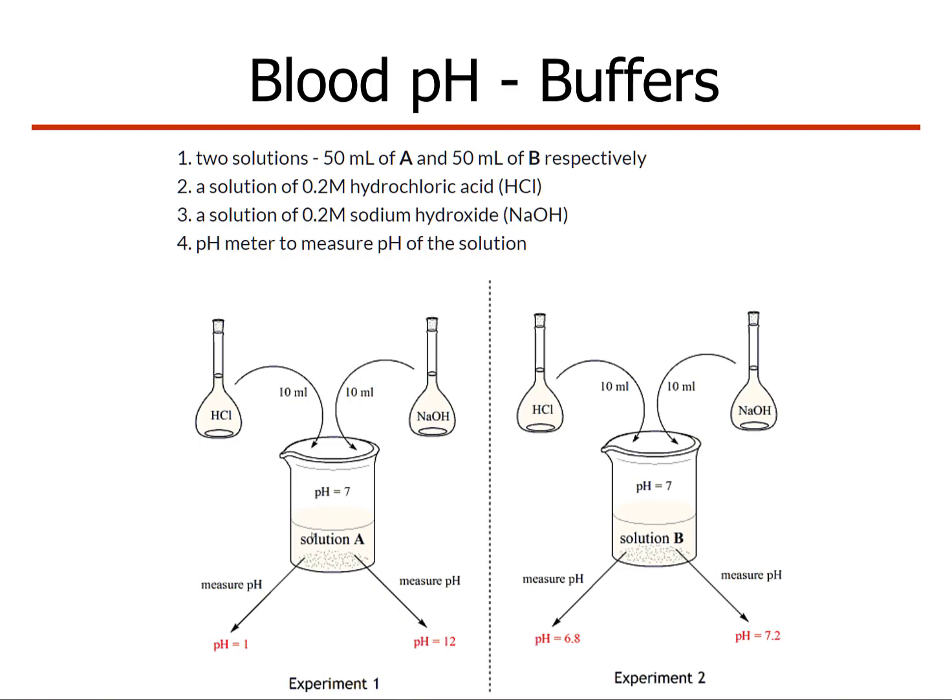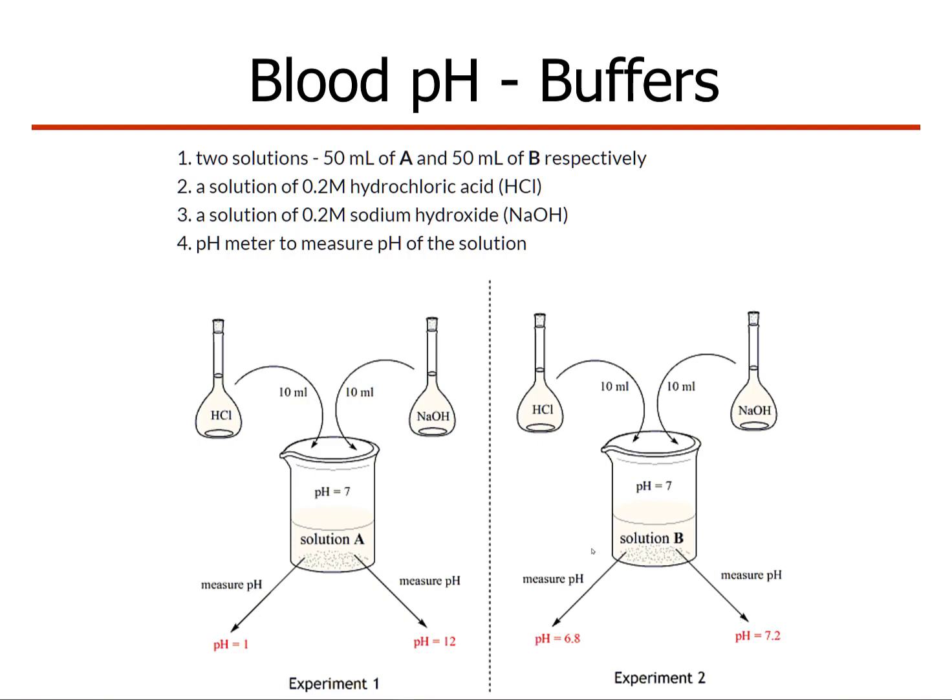In the experiment, the measured pH is 1, and then after you add sodium hydroxide you get a pH of 12, and then if you add hydrogen chloride, HCl, in solution B and balance it, you can change the pH by adding these components until you balance it to get the pH that you're after.